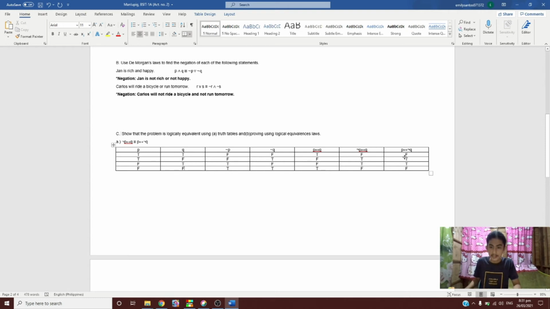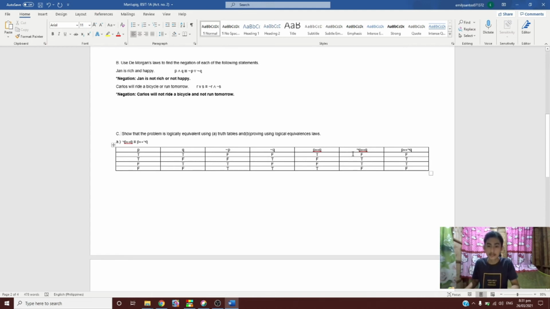Next is P biconditional negative Q. So P, negation Q: T and F equals F, T and T equals T, F and F equals T, and F and T equals F. As you can see, both of these propositional variables are equivalent.